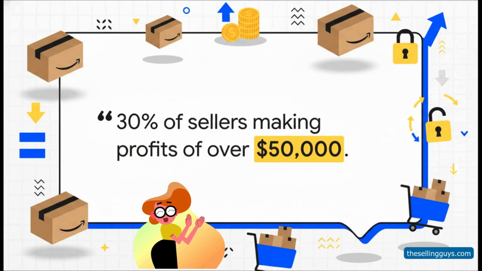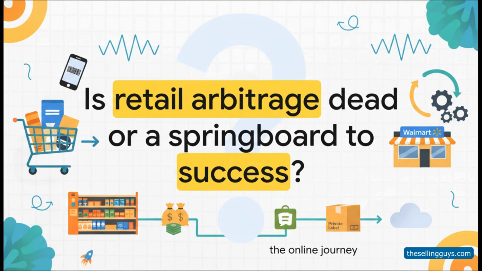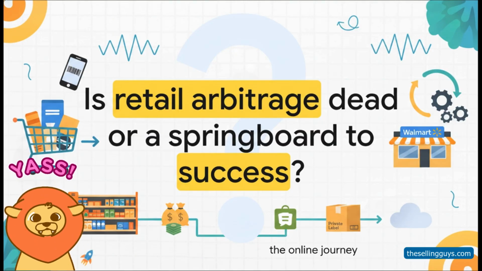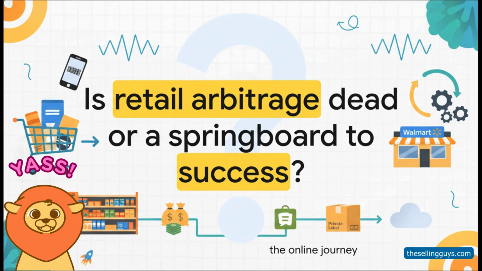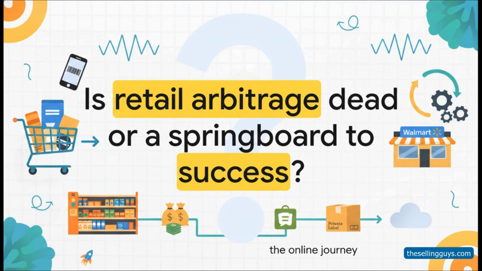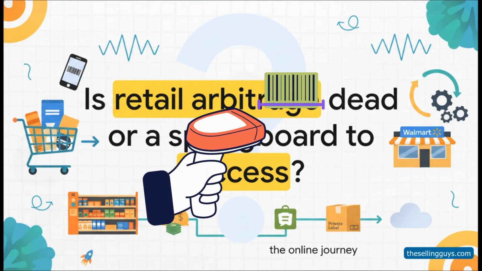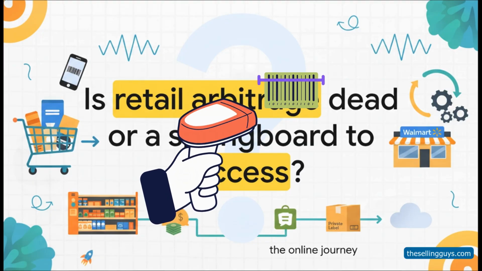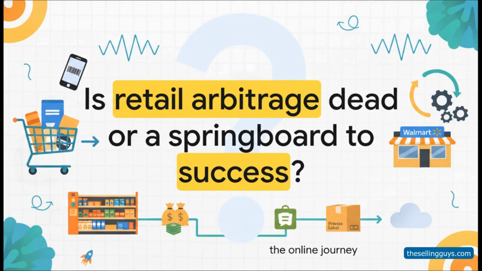And get this, 30% of those sellers are pulling in profits over $50,000. E-commerce is a beast that changes every 12 to 18 months. The sellers who survive are the ones who stay flexible and creative. You might start out scanning aisles at Walmart today and end up running a $1 million brand tomorrow.